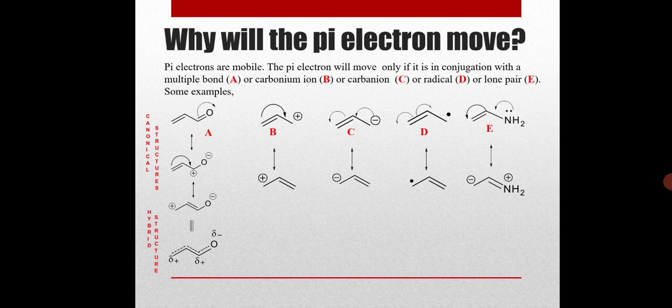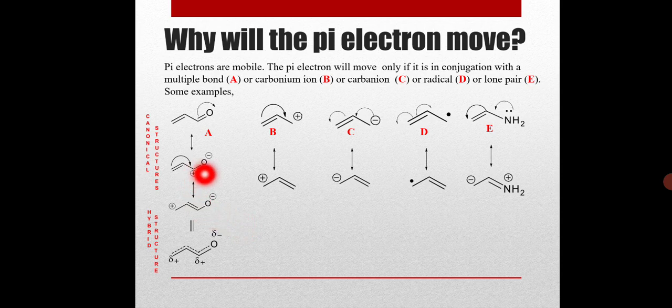which represents that the pi electron flows from one end of the molecule to the other. In both canonical structures the oxygen has a negative charge, and so in the hybrid structure the oxygen has a delta negative charge.